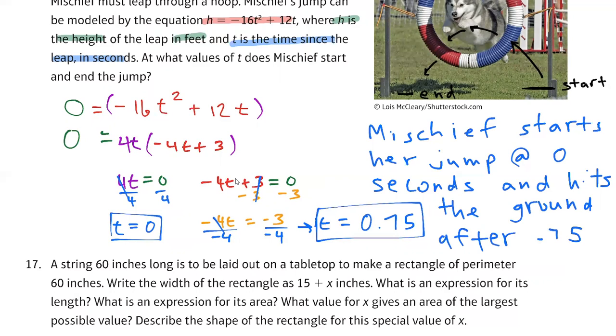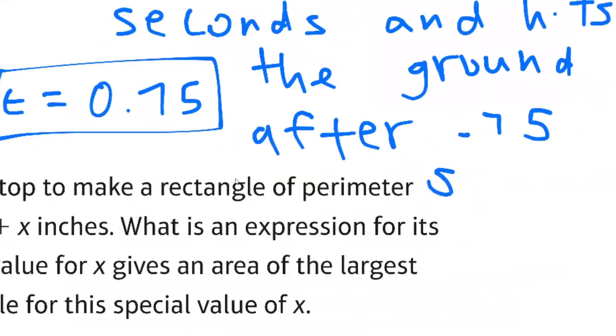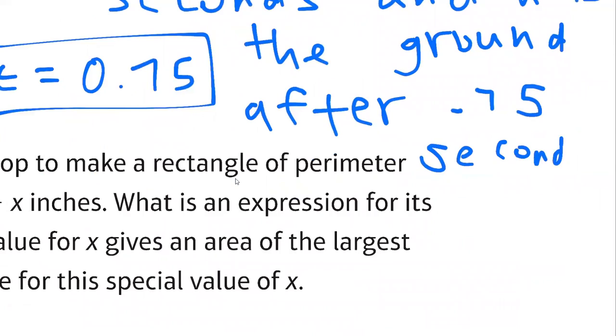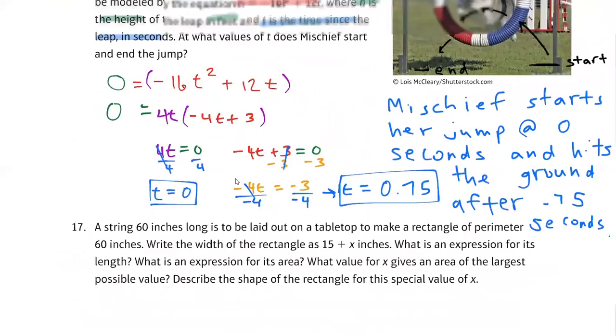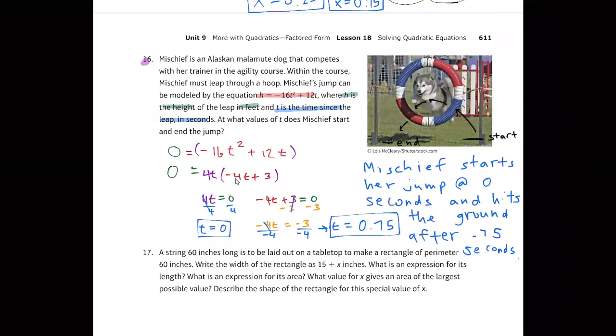That's a pretty quick jump, Mischief. Probably not going to have any kind of 3-4 seconds, but hey, who am I to judge? Mischief is obviously a talented dog if she's running through agility courses, and that's the problem.